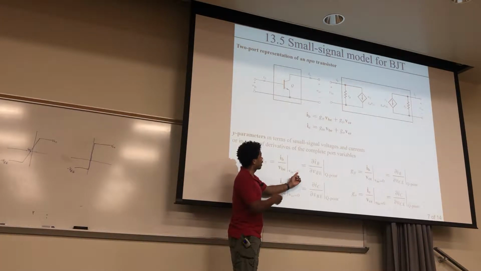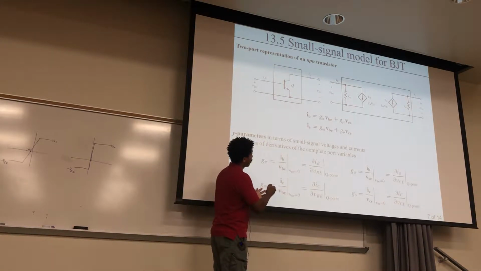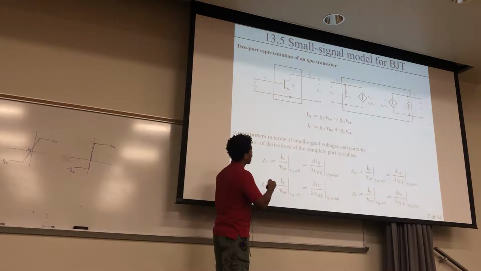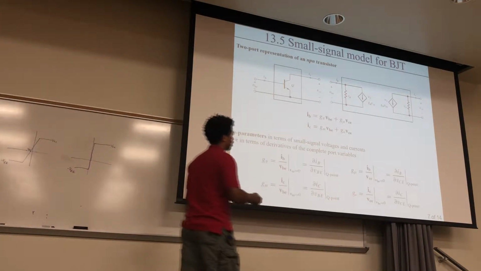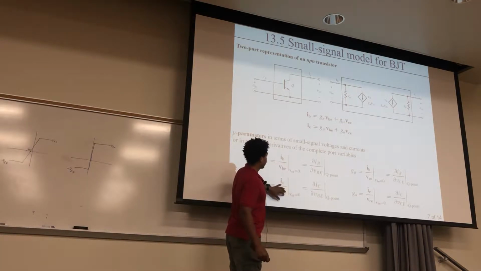You can do that with all of them. For GM, for example, you make this term go to 0, and so your GM is just IC over VBE. Same with G mu and GO. So that's how it's typically done.